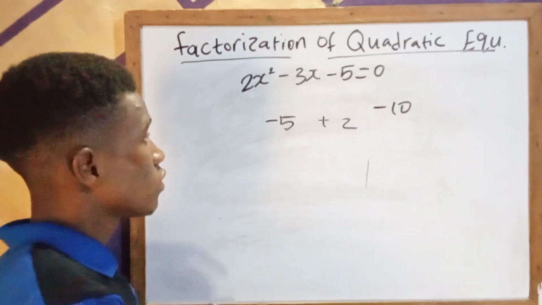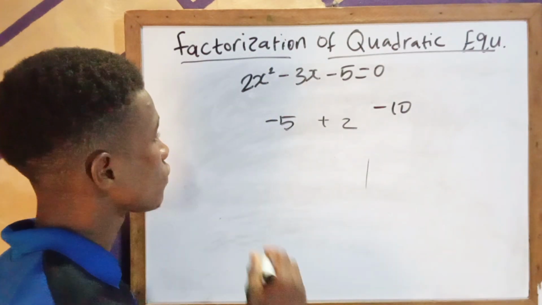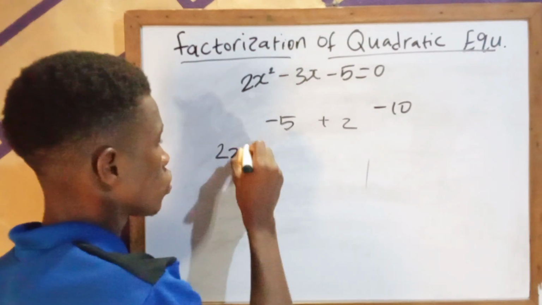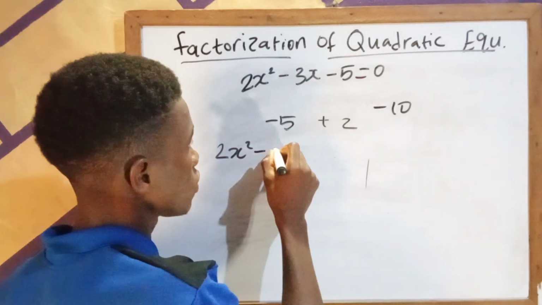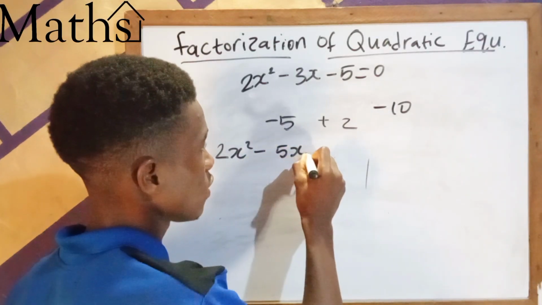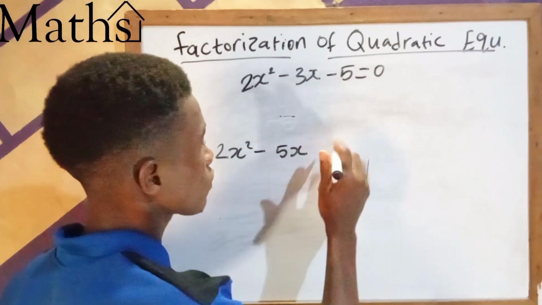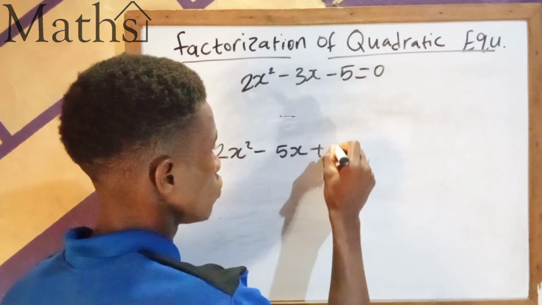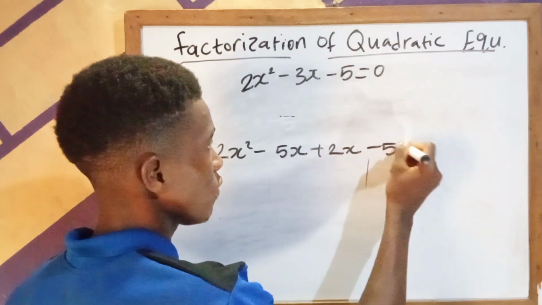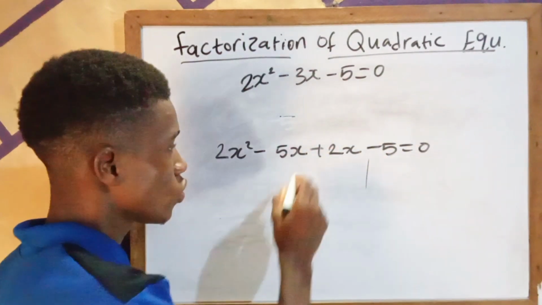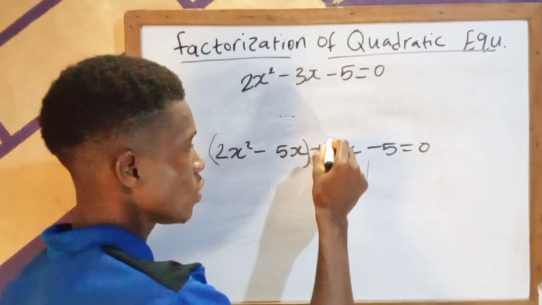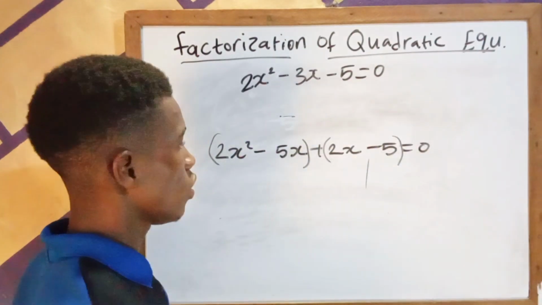Exactly. Okay, so from this one now we have 2x squared minus 5x plus 2x minus 5 equals 0, right? So we can easily put them this way and see what we have here.